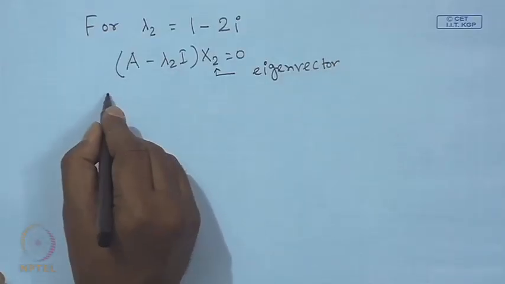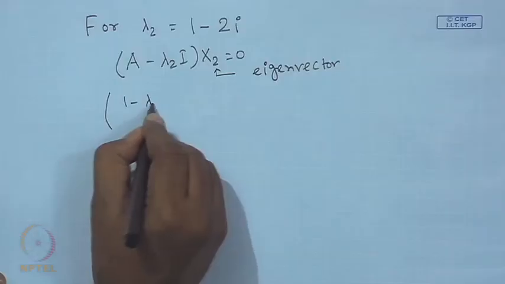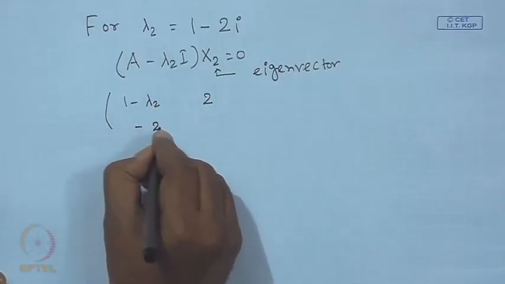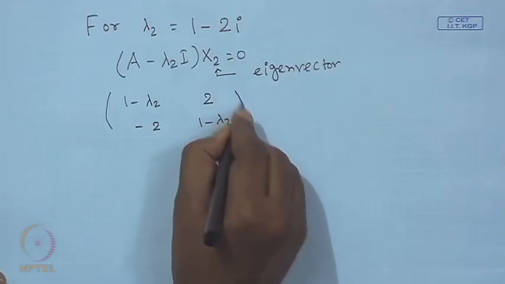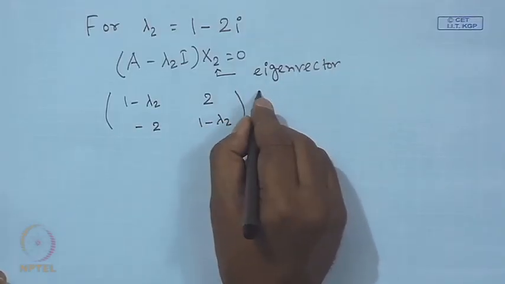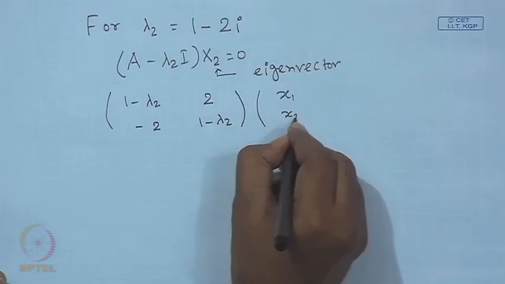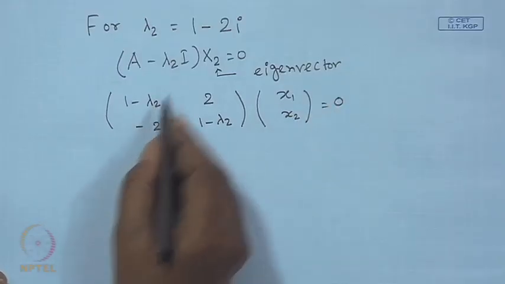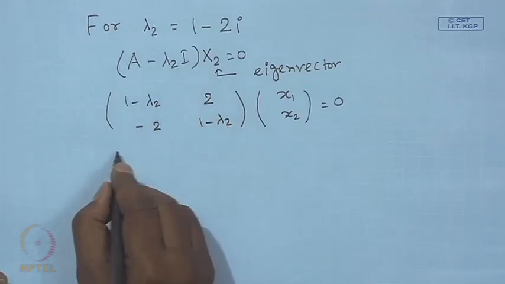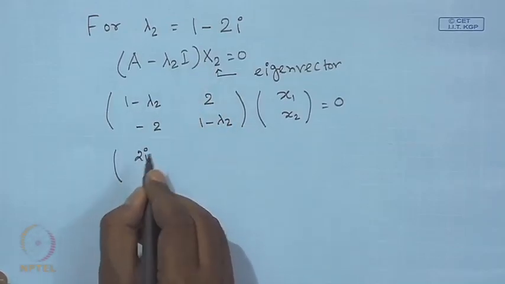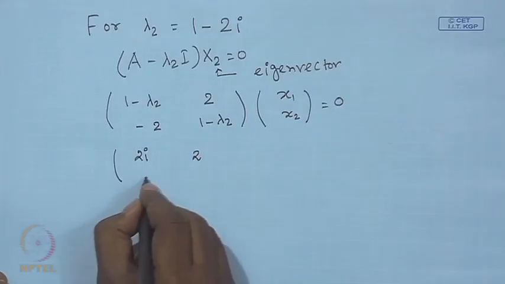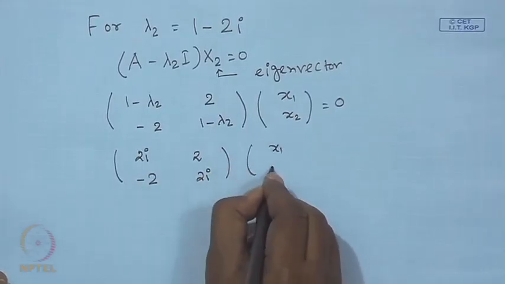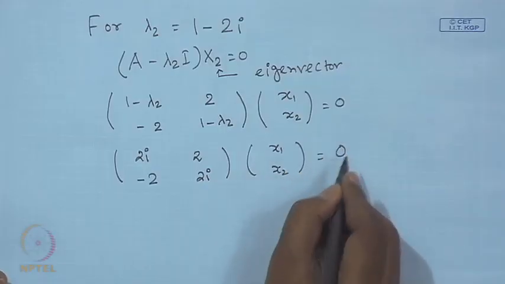So, this becomes 1 minus lambda 2, 2, minus 2, 1 minus lambda 2, and x will be having two elements x 1 and x 2, that will be equal to 0. If we put lambda 2 as 1 minus 2 I here, you will be getting 2 I, 2, minus 2, plus 2 I, times x 1, x 2 is equal to 0.